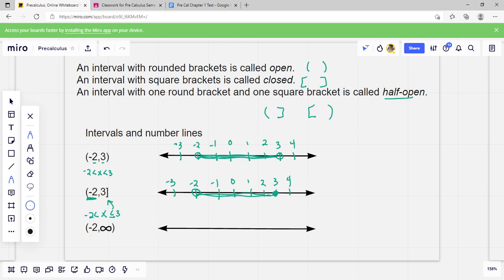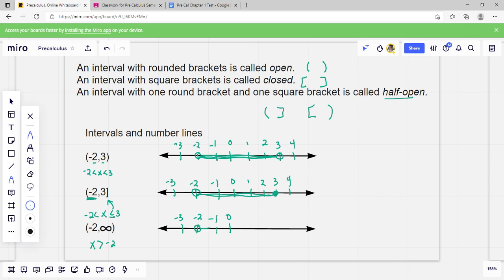All right, this is -2 to infinity, so this means x is greater than -2, everything that's more than -2. We know that this isn't greater than or equal to because it's a rounded bracket there, so that means it needs to be an open circle.